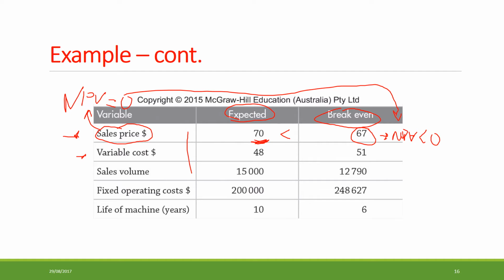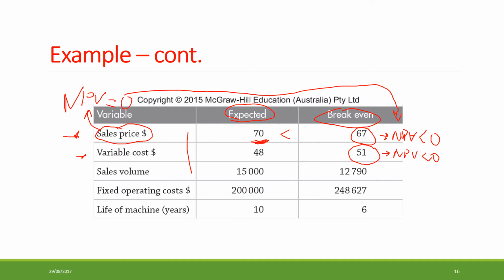Similarly, the break-even level of the variable cost is 51, and because this is a cost estimate, if the variable cost is higher than the break-even level, then our NPV is less than 0, right?